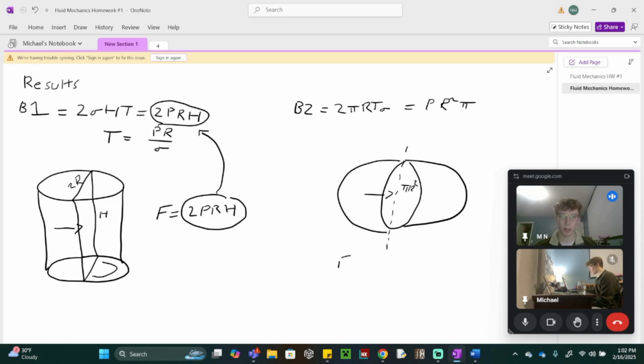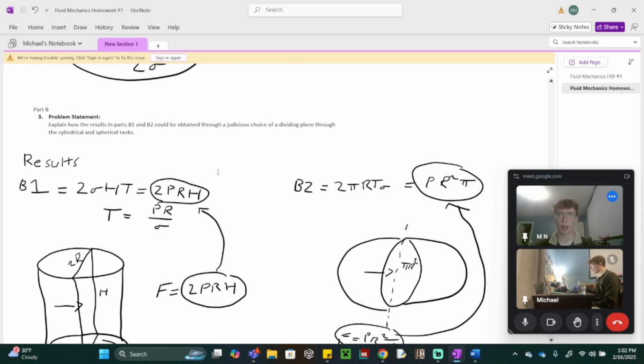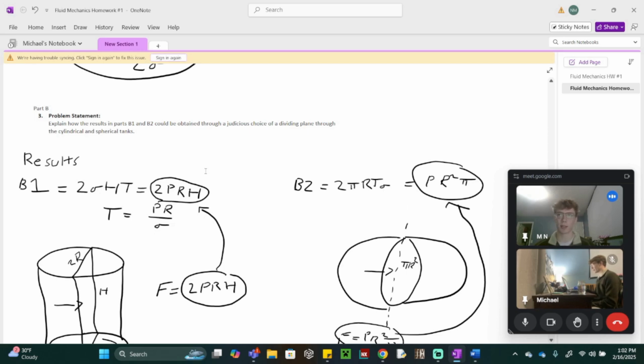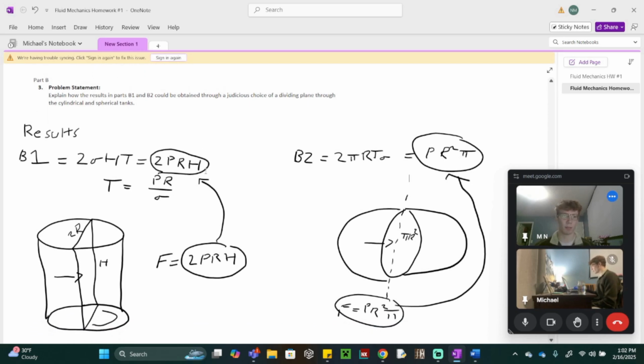So we would get force equals p r squared pi, which is exactly what we got from our integral in B2. So this is how a judicious choice of a dividing plane through the tanks can help explain the results that we got from B1 and B2.